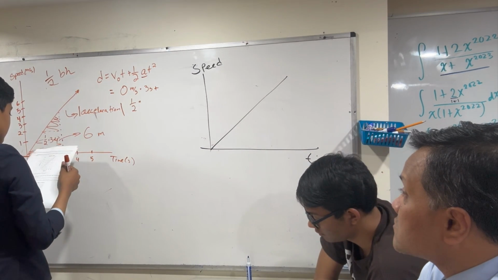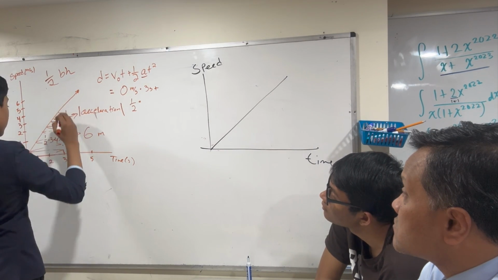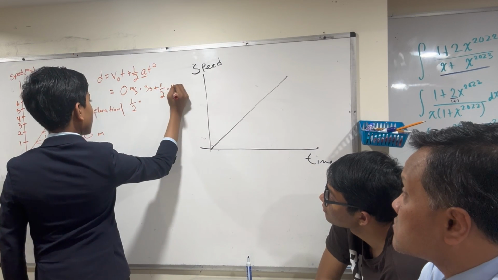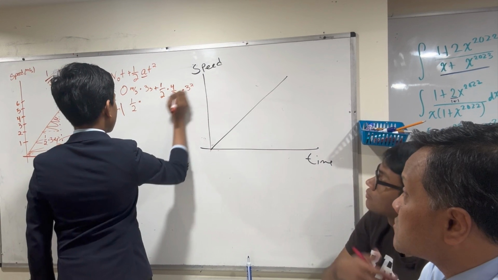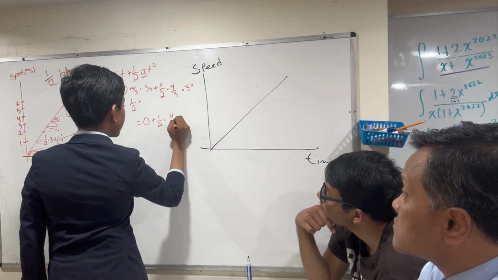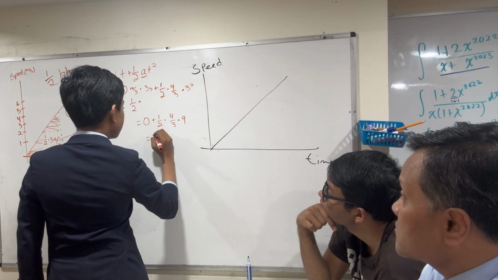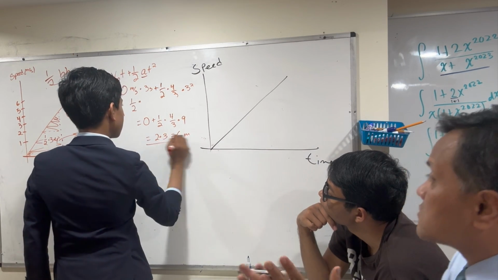We just find the slope, rise over run, which is 4 divided by 3. And then the time is 3 squared. So we get 0 plus half times 4 over 3 times 3 squared, which is 9, which reduces to 2 times 3, or 6 meters.